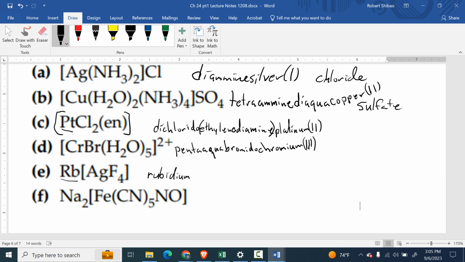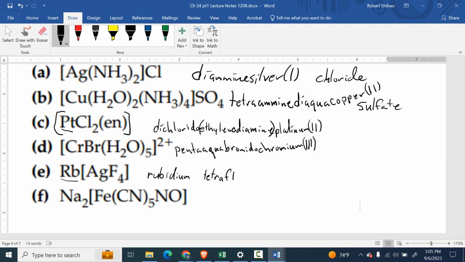Now, when we name the complex, we do the opposite of the formula. So in the formula, the metal comes first. In the name, what's going to come first? The ligands. And so what do we name F? Fluorido. And we have how many? Tetra. So this is going to be tetra. Now, there's going to be a space between the cation name and the anion name.